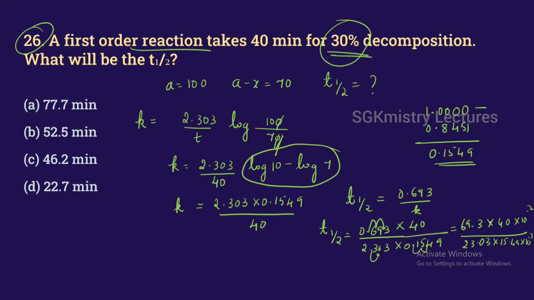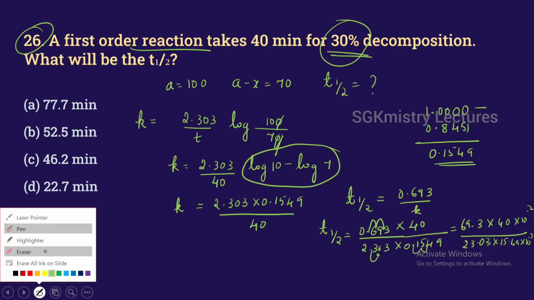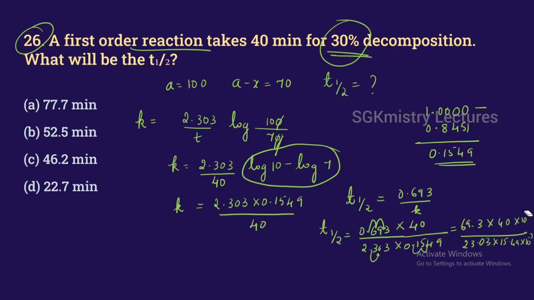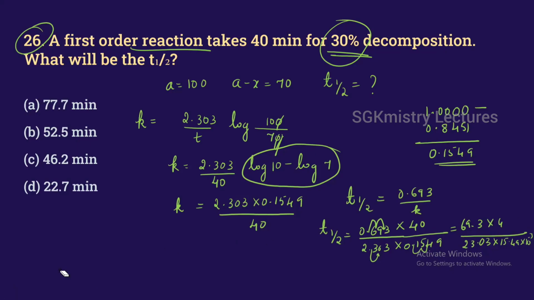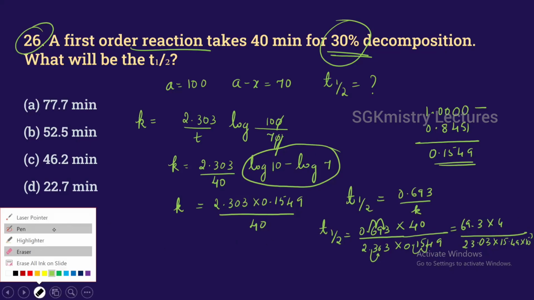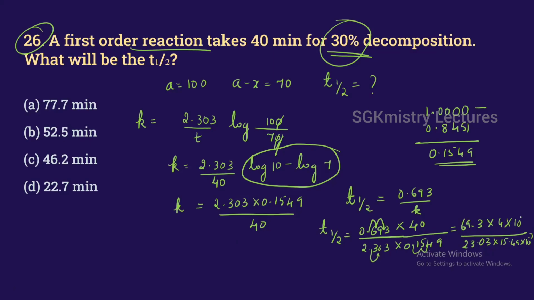So here I have shifted 2 points, but this I can also write as 4 into 10. So minus 2 will become now 10 to the power of minus 1. Right, I hope you understood how I have made it. I'll take it as 4 into 10 to the power of minus 1. Okay, instead of 40 into 10 to the power of minus 2, I make it 4 into 10 to the power of minus 1. Okay, so now I can directly do 69.3 into 4.